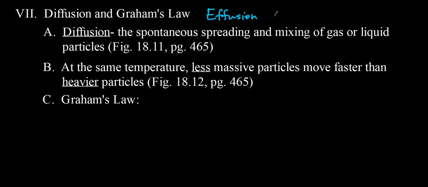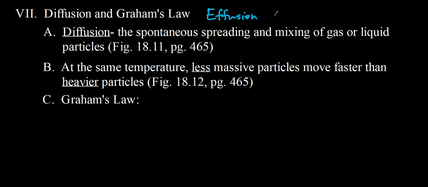We can see an example of this on the bottom of page 464. We'll start there. We have some bromine liquid that you put in a container, and it's going to evaporate, and those gas particles are going to spread out and occupy the entire volume of that container. Top of page 465, we have some helium in the container on the left. The valve is closed.